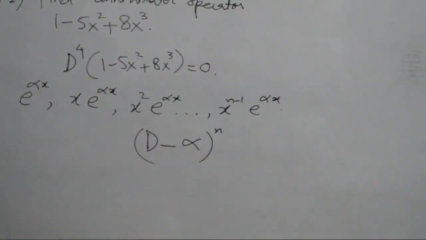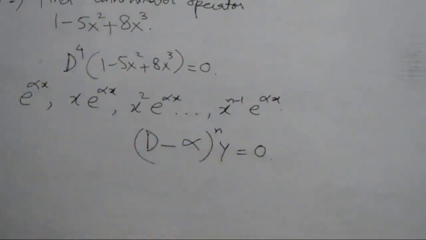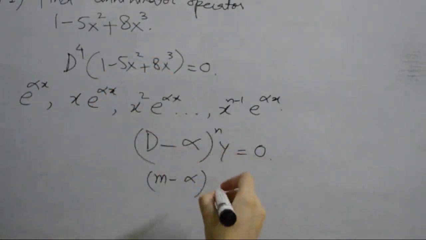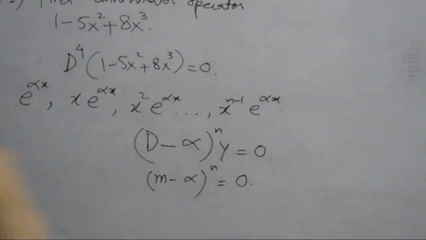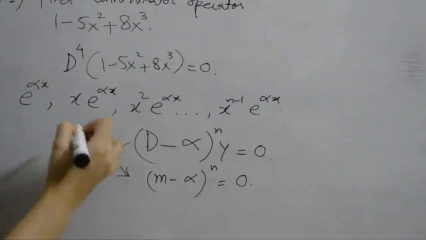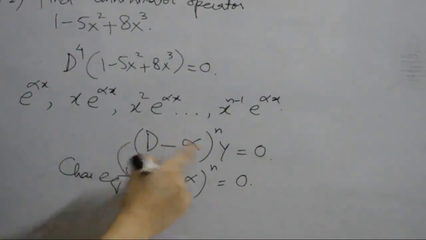And note the auxiliary equation of the homogeneous equation. The auxiliary equation of this homogeneous equation is m minus alpha to the power n equals 0. You can make a characteristic equation or auxiliary equation from this differential equation.